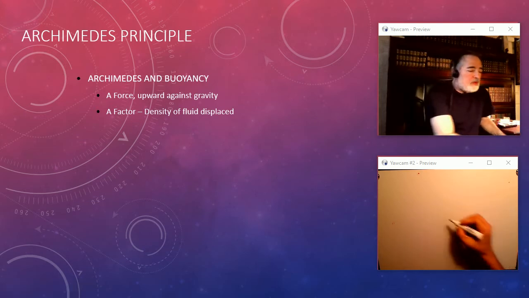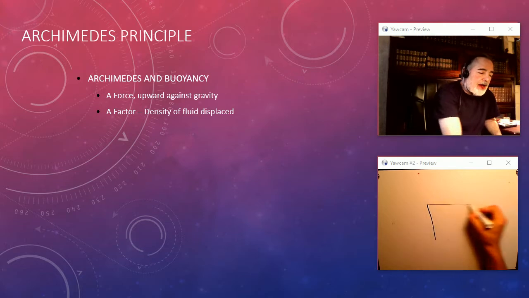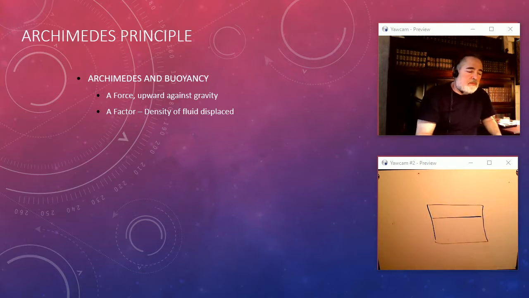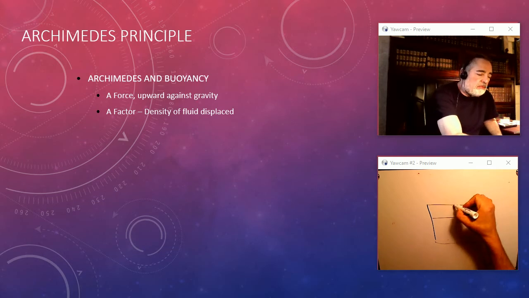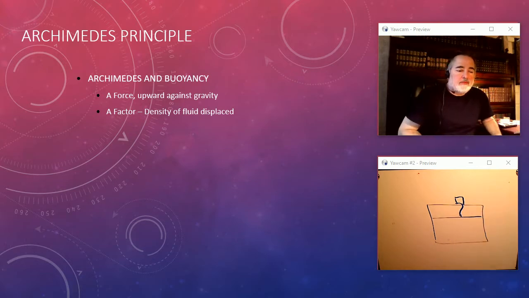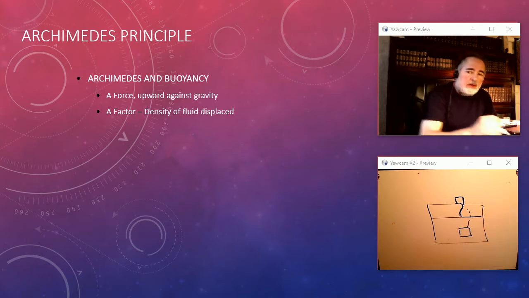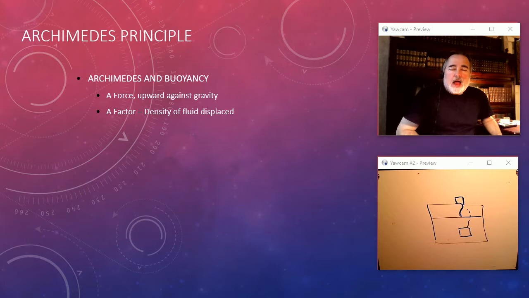Because when you think about it, if I have, let's say, a tank of water here, and I have a cork, if I'm going to put that cork in the water, it's going to float. If I want to have it totally submerged, I'm going to have to put a force against it.